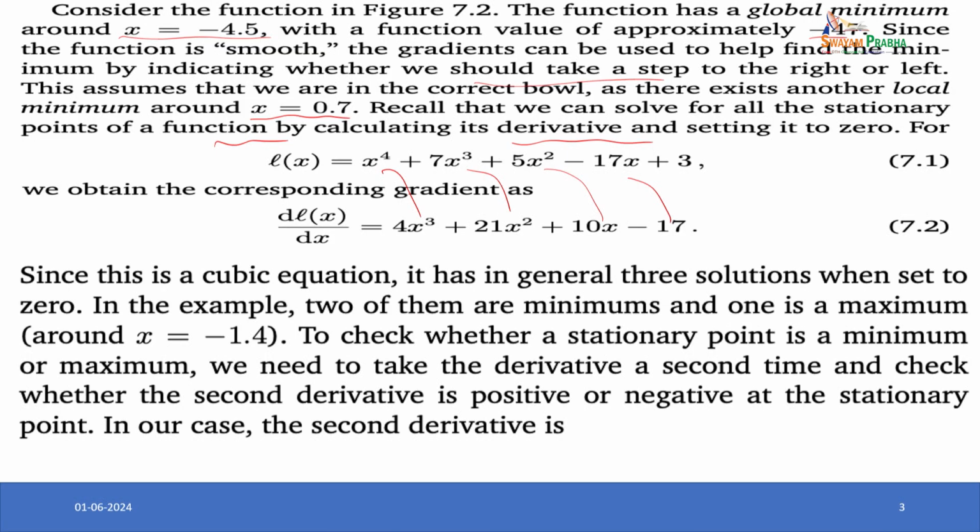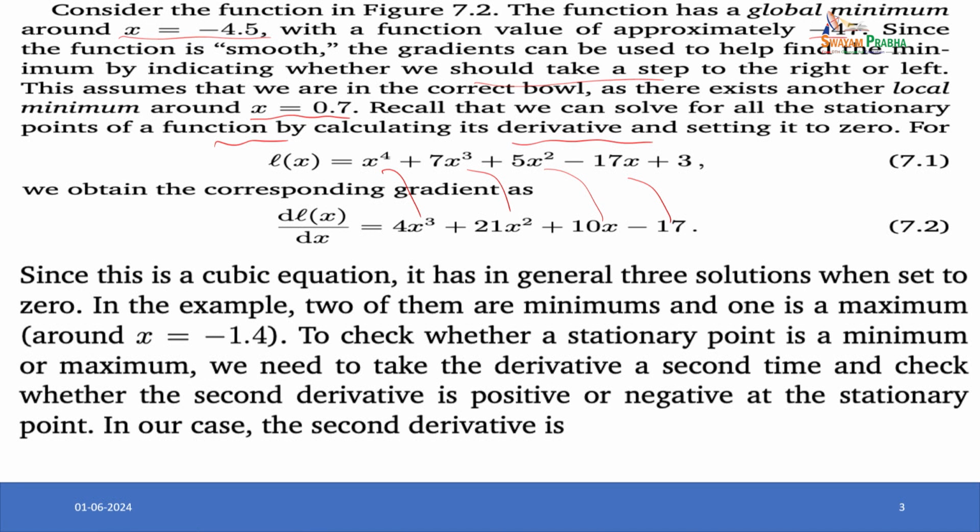So, after the derivative the equation 7.2 represents a cubic equation. It has in general 3 solutions because it is a cubic equation.